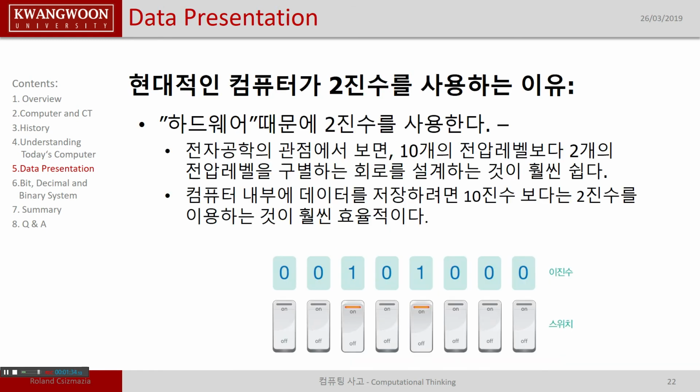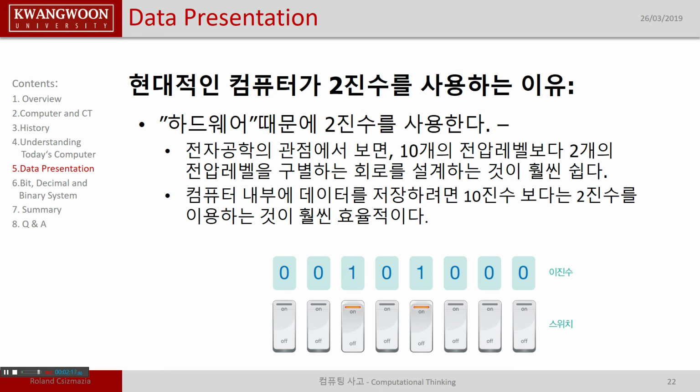Good, the next slide also reminds us how it works and what the reason is. It is very simple. The reason is that data in 1 and 0 is easier to count, and additionally the electricity you use for switching on and off is much less, because there are only 2 states.